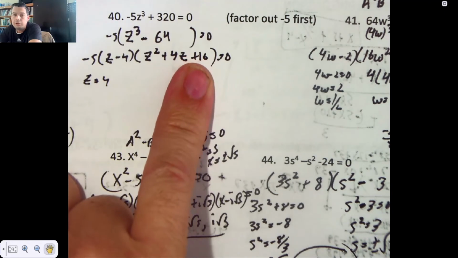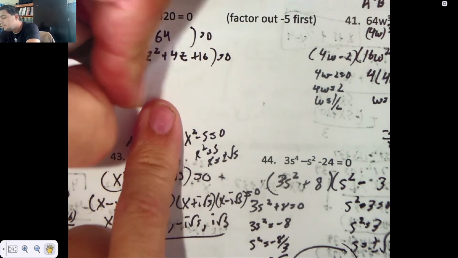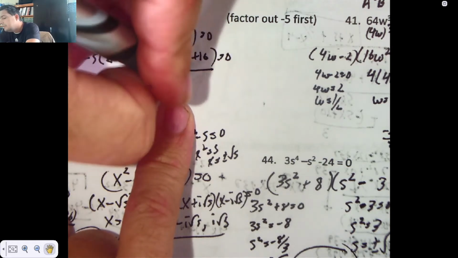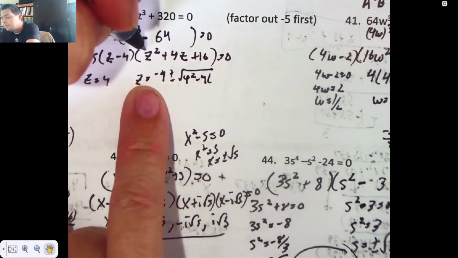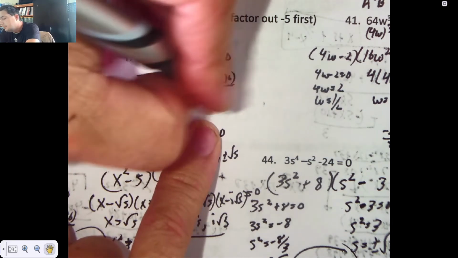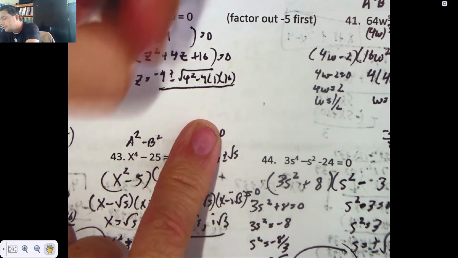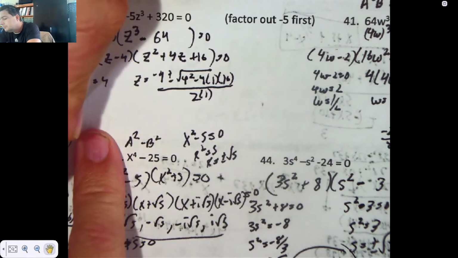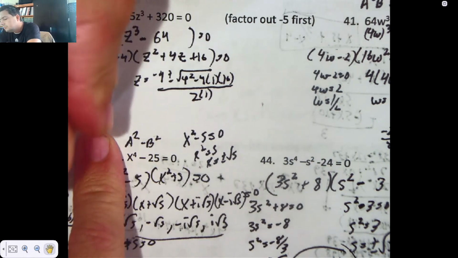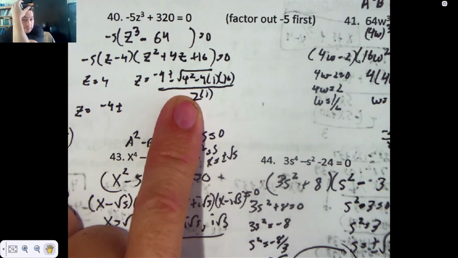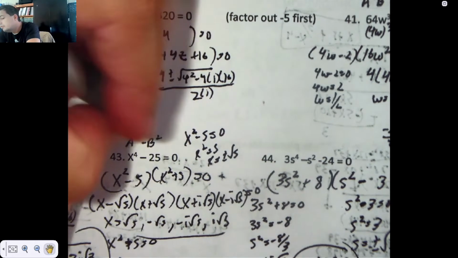This one's got to be done with the quadratic formula. So z is opposite b plus or minus the square root of b squared minus 4 times a, which is 1, times c, which is 16, all sitting pretty over 2 times 1. Inside this radical, if my brain's working right, is a root of negative 48.